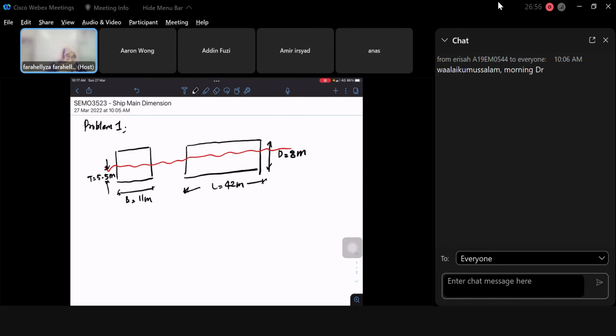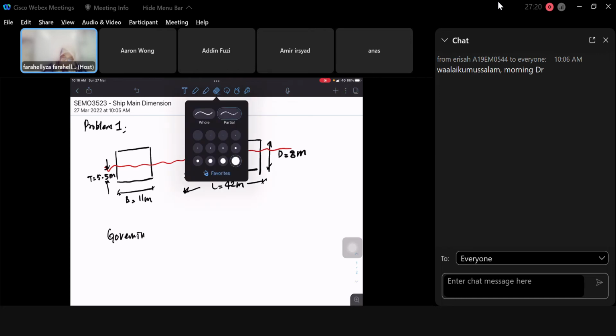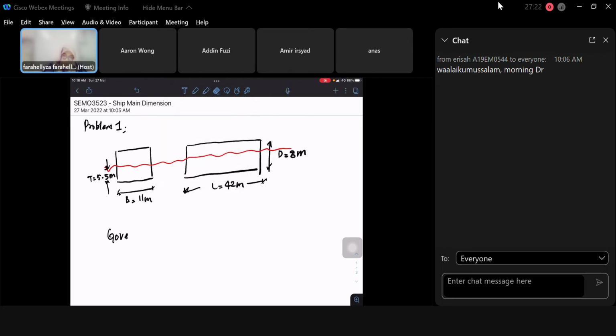Okay, in design, we start any problem with what we call the design governing equations. Okay, governing equations.